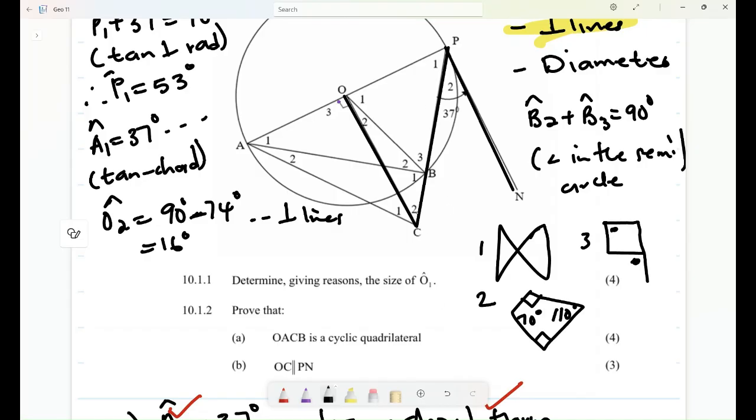If we can prove that angle C2 is equal to 37, then these lines are parallel.